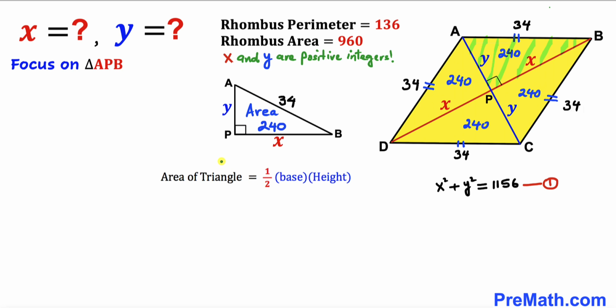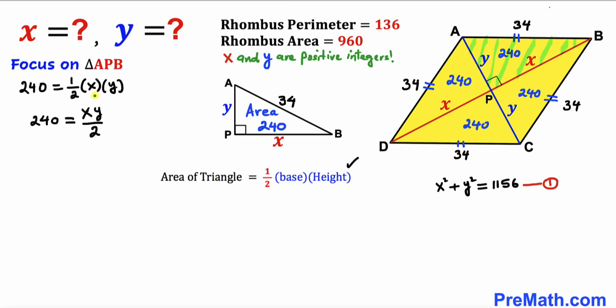Let's recall the area of a triangle formula: area equals a half times base times height. In our case, the base is X, the height is Y, and the area is 240. So 240 equals a half times X times Y.